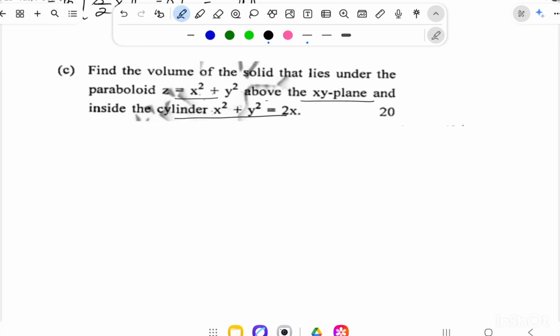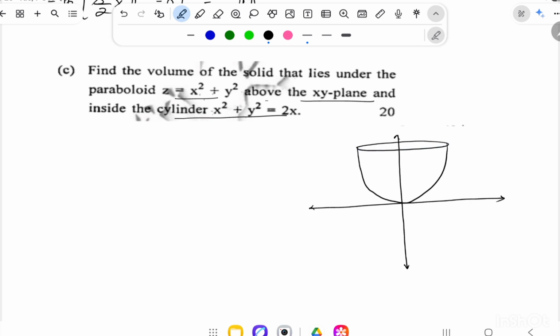So the figure is, let's assume that this is our paraboloid, this is the x-axis, this is the y-axis, and let's assume this as the z-axis.